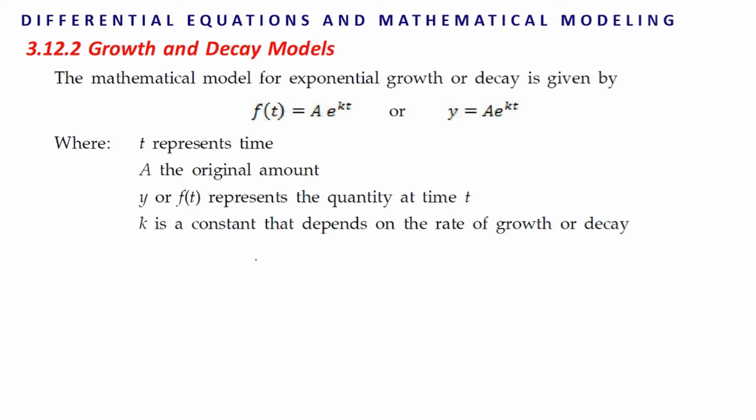If k is greater than 0, then we call it growth, and if k is less than 0, we call it decay. What the growth model and the decay model are, you will understand while solving the examples.